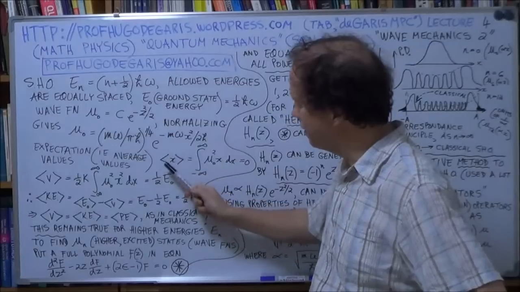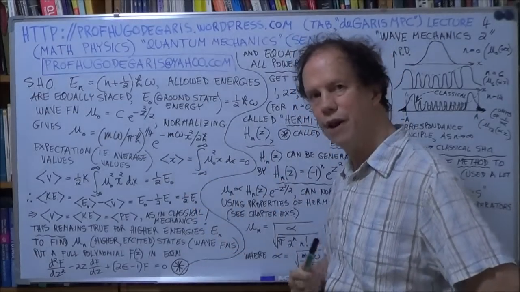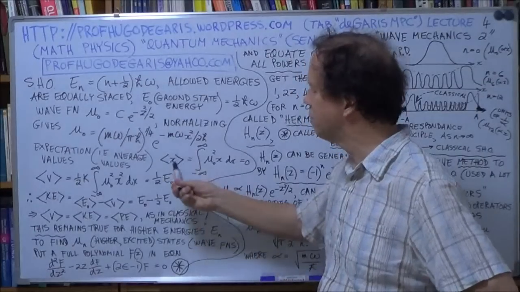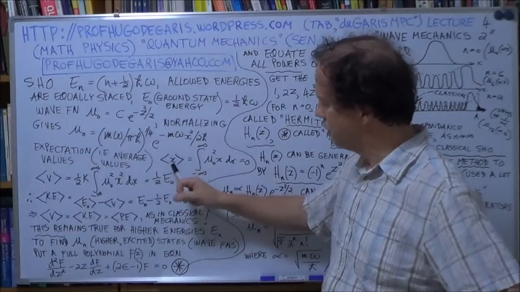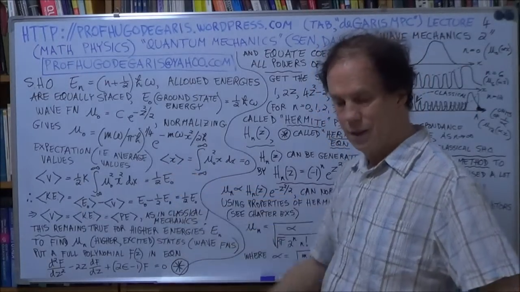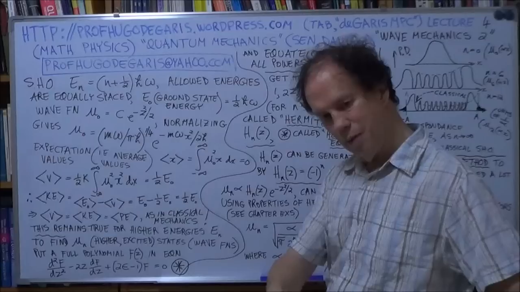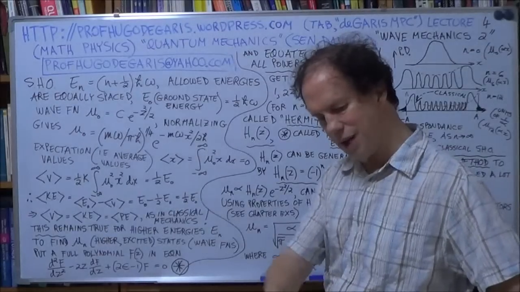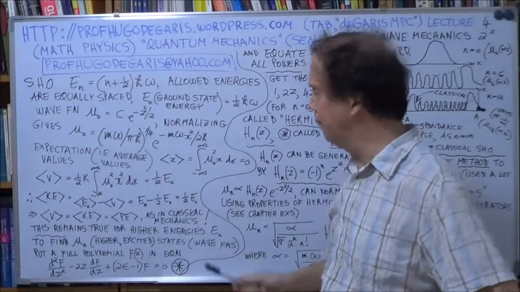In quantum mechanics, this angular bracket is asking you to find the average value of whatever's inside the brackets. So what you're being asked to find here is, what is the average value of x? Well, you'd expect it to be 0, wouldn't you? I mean, it's spending as much time on the right hand side as the left hand side, so you'd expect the average value to be 0.